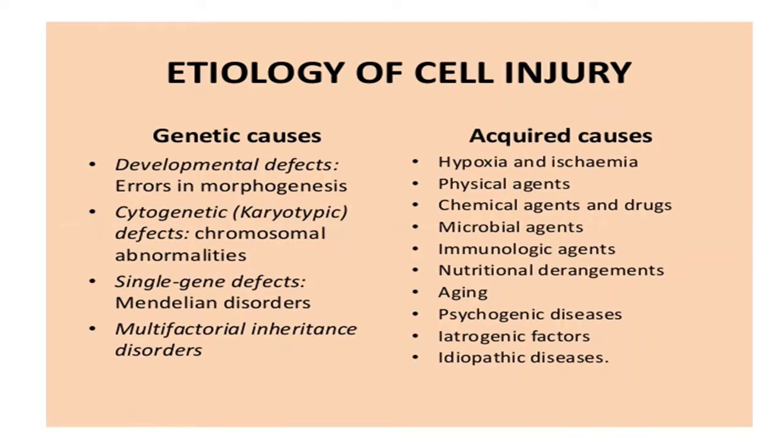During the processes of development, maybe there's a developmental malformation which is coming from the parents. Maybe an extra chromosome may be there, trisomy may happen, Down syndrome, Klinefelter syndrome, any of these things are chromosomal abnormalities, but they are errors. Cytogenetic defect, chromosomal abnormalities, as we talked about. So developmental defects and chromosomal abnormalities.